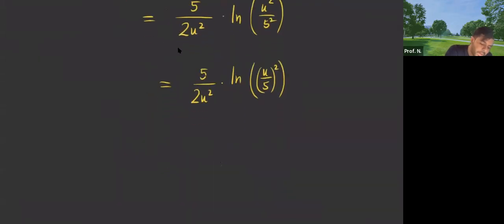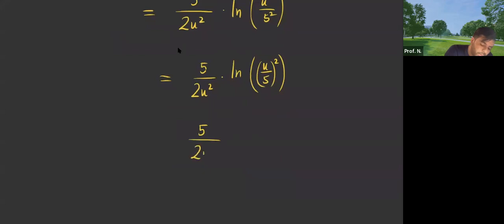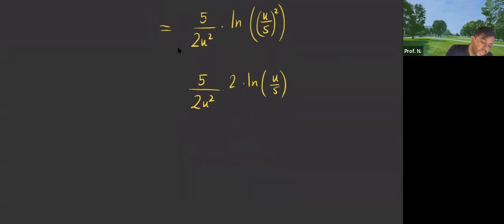That 2 can be placed out in front, and this becomes 5 over 2u squared times 2 times ln of u over 5. So the 2's cancel, and I'm left with 5 over u squared times ln of u over 5. And so this is my marginal density function.